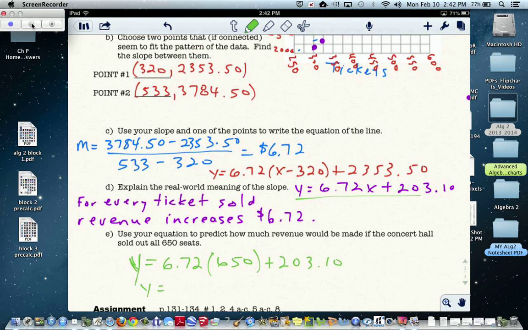And that tells me then that I'm getting, if you plug that into a calculator, 4,517.50 dollars. So that's how many dollars I have in my revenue column.